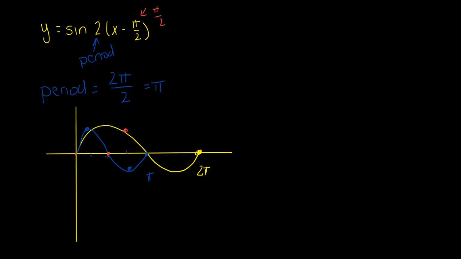This one originally is going to be moved over pi over 2, and this one's going to be moved over pi over 2, so roughly about there. Okay, so we're still looking at this kind of shift by pi over 2. We're just now looking at a period that's smaller. We're looking at a compressed graph because of that too.